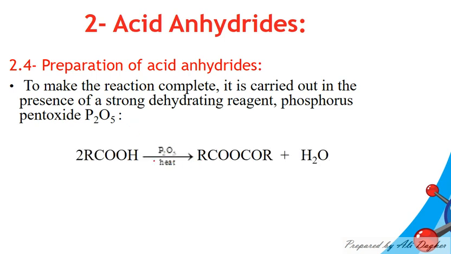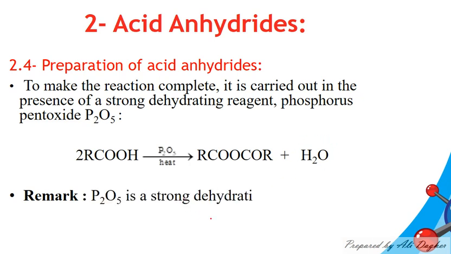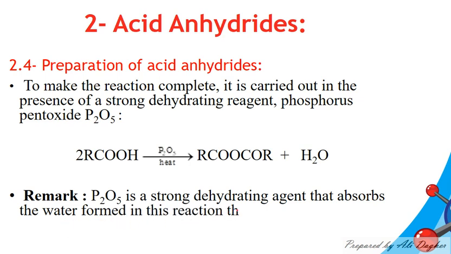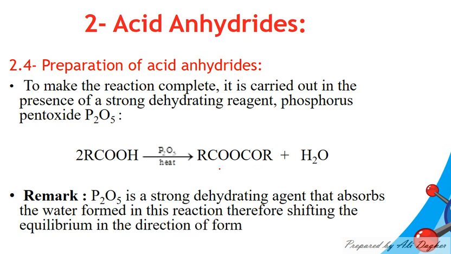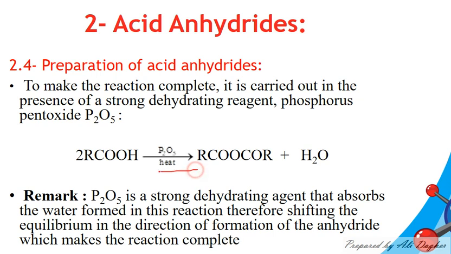The reaction becomes complete and we obtain acid anhydride because P2O5 is a strong dehydrating agent. It absorbs the water formed in this reaction and prevents the reaction between acid anhydride and water, that means the hydrolysis of acid anhydride. That means no backward reaction, and the reaction becomes complete. This is the role of P2O5.